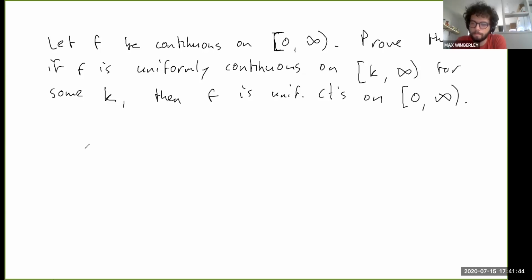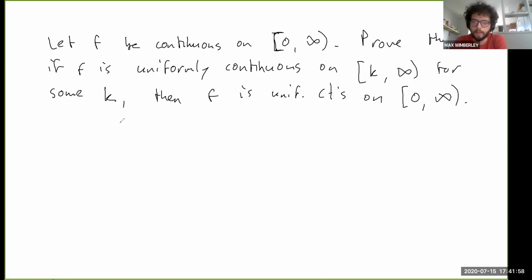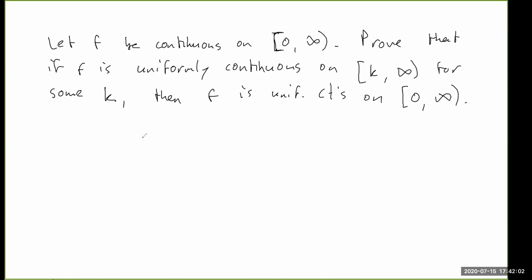Yeah, that's right. And then I think you take the minimum of that delta and whatever the delta is on the other interval. Yeah, so that's absolutely the correct insight.